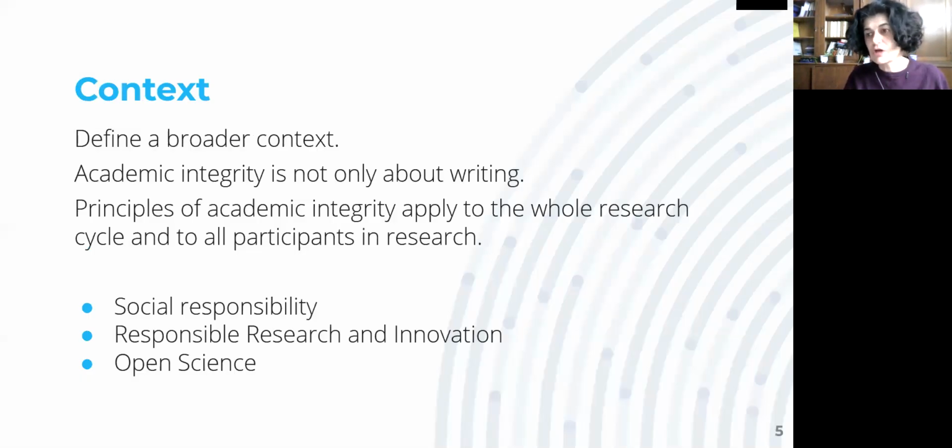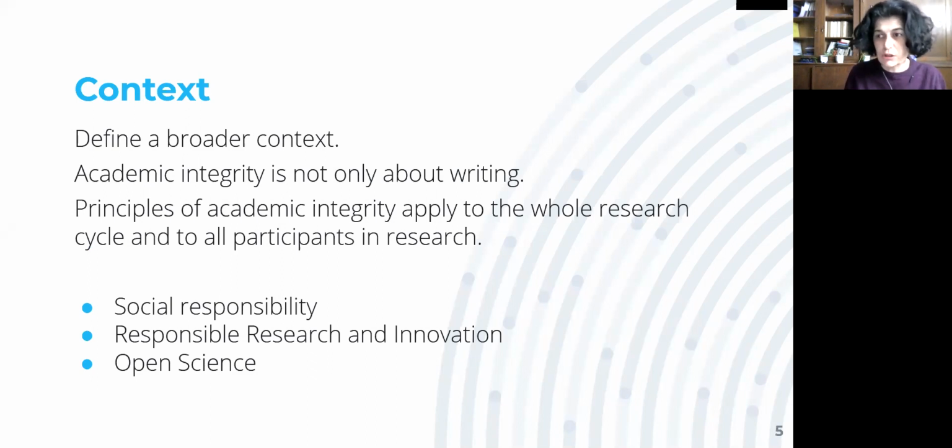Also, what I always try to do is to place the training, place the topic of academic integrity in a wider context. And this is very important because, for example, if we work with students and young researchers who are at the beginning of their career, and we don't give them the big picture, they just tend to lack awareness of why it is really important.